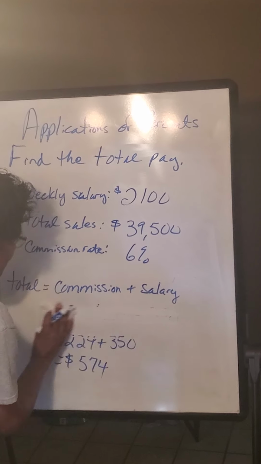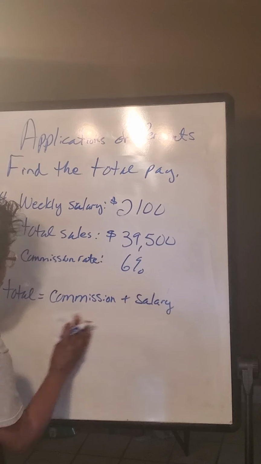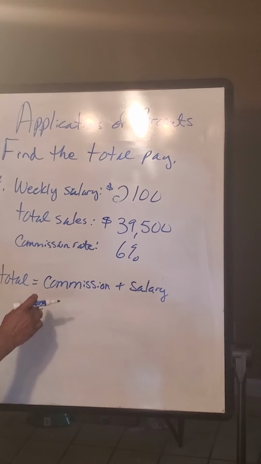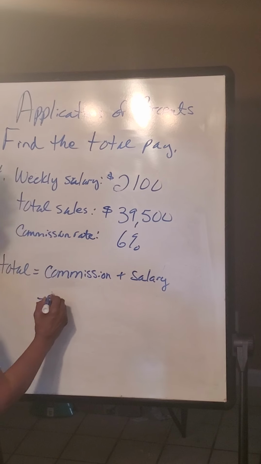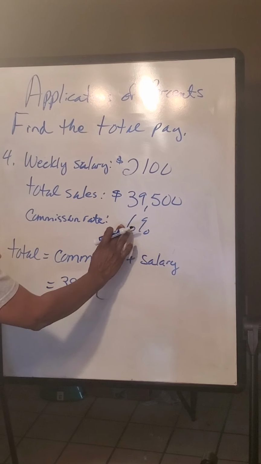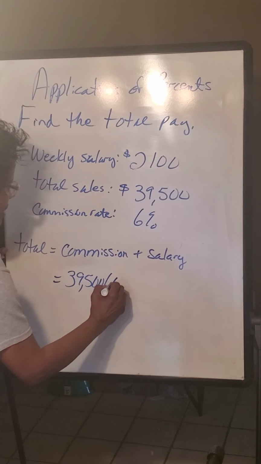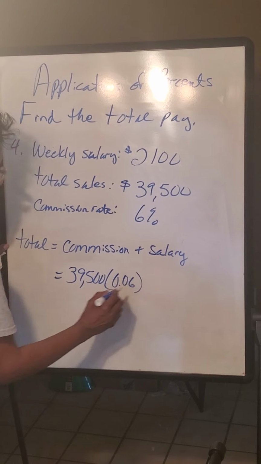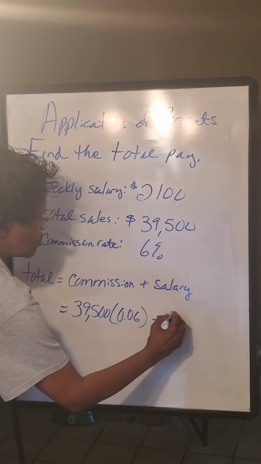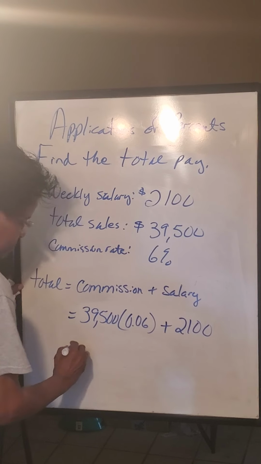So again, in order to find my total pay for that week, I have to get my commission. So my sales were $39,500. My commission rate is 6%, and the decimal for 6% is 0.06. And I'm going to add my base salary, which is $2,100.